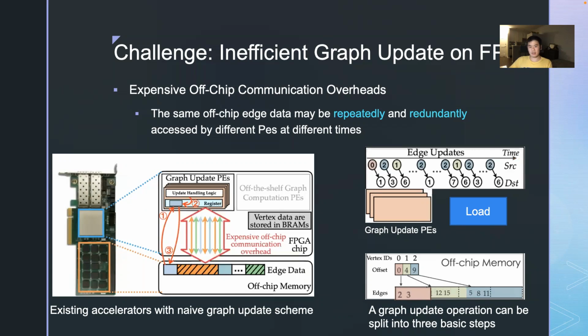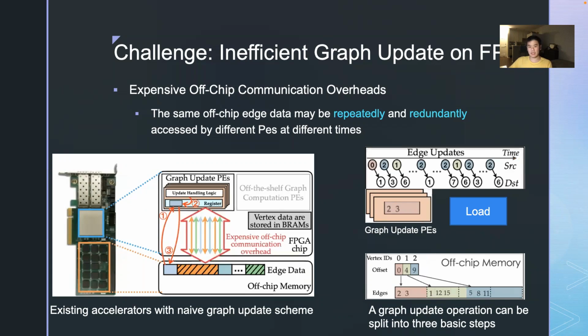First, the source vertex index of the to-be-updated edge is read. Its associated edge array will be loaded from the off-chip memory and stored into the registers attached to each processing element, known as PE.